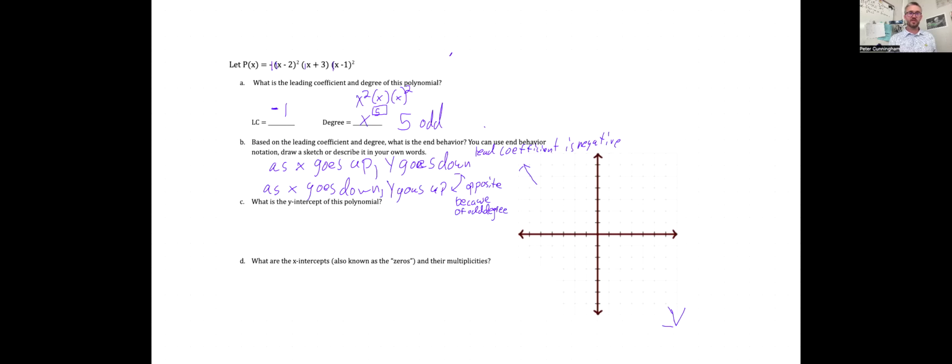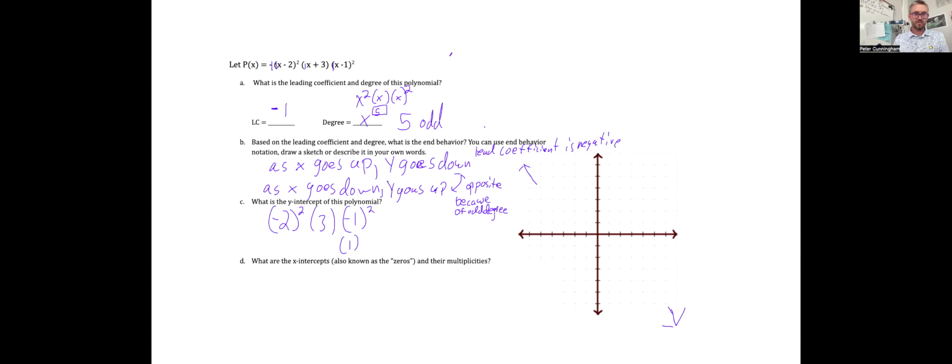The y-intercept of this polynomial: I have to take all my intercepts and multiply them by each other. So -2 squared times 3 times -1 squared. Well, that's easy. -1 squared is 1. Know you're using your calculator too much if you wrote -1 there.